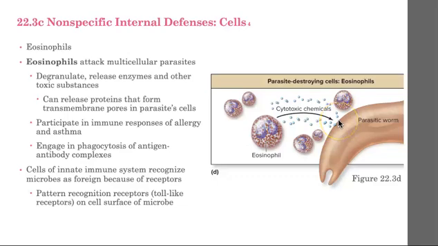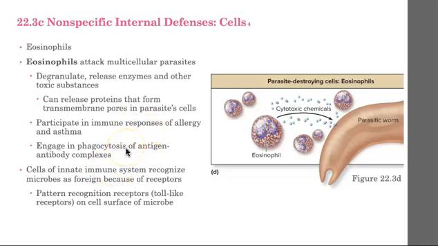They'll also participate in immune responses of allergy and asthma. So when that allergen enters our body, we have an antibody attached to it, and it forms an antigen-antibody complex that the eosinophil then targets and goes through the process of phagocytosis.